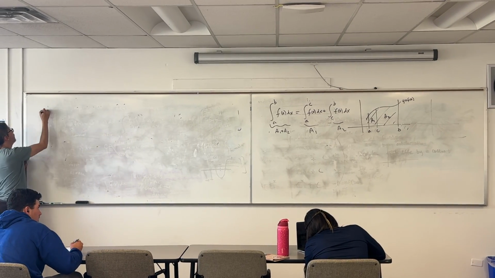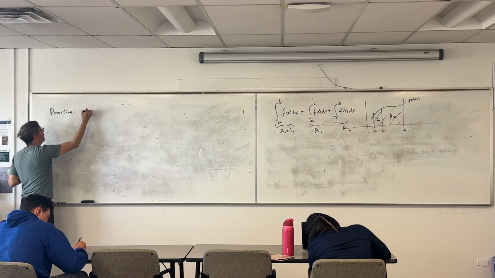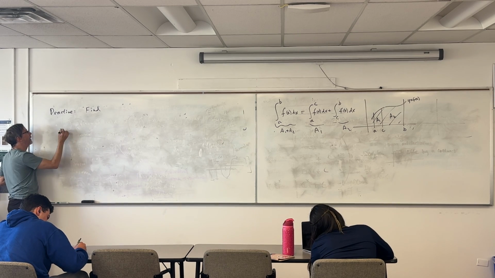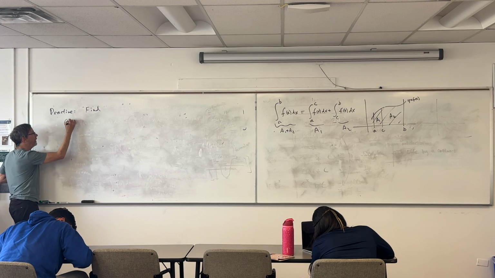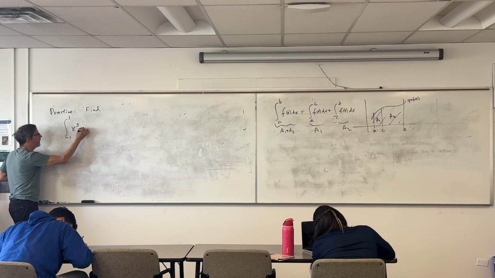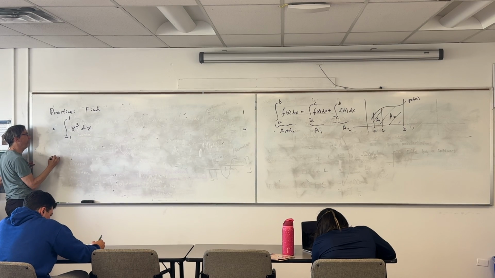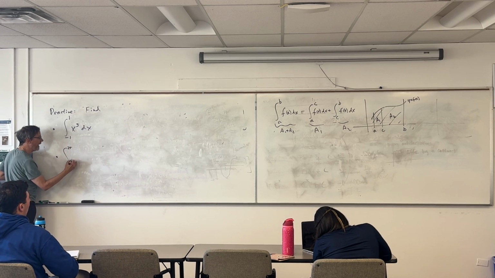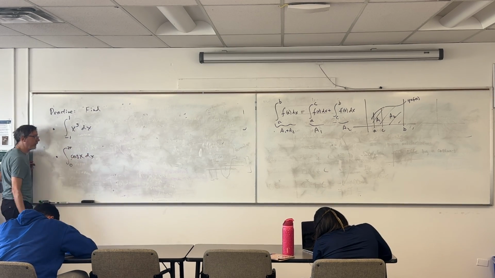So, let's do some practice. Please find the following. Integral from -1 to 1 of x cubed dx. I'm going to put a few up here. The integral from 0 to 2 pi of cosine of x dx.